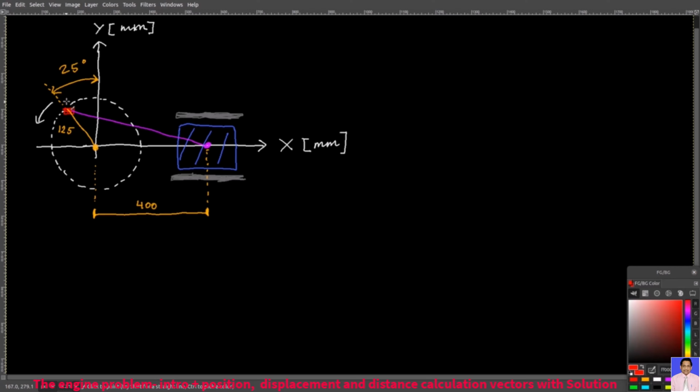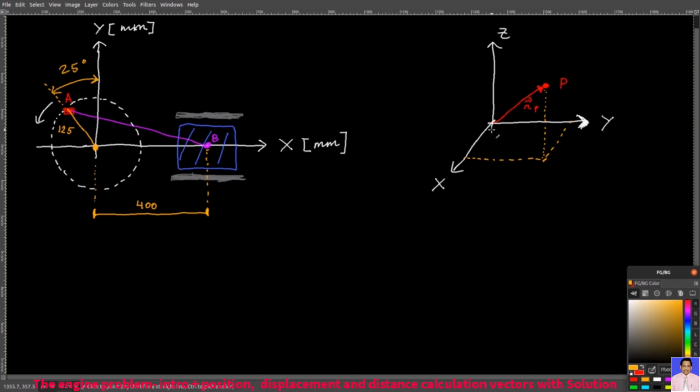Let's call this point A, and let's call this point B. It turns out that there is an easy way to do it. Let's say that I have an XYZ coordinate frame. And in that frame, I have a point in space called P. I can represent the position of that point with a vector. I call this vector RP.